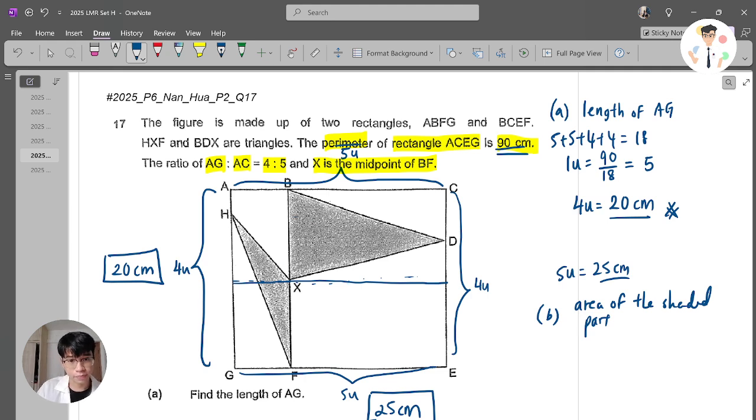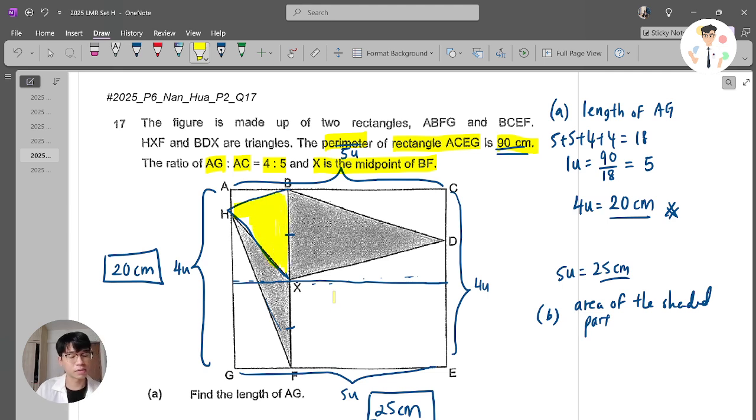Now look at here. The first thing you should remember is that this length BX and XF are actually the same length. Means that for HXF, this triangle, I can just do it like this. Example, this shaded part, I move it to be like this.